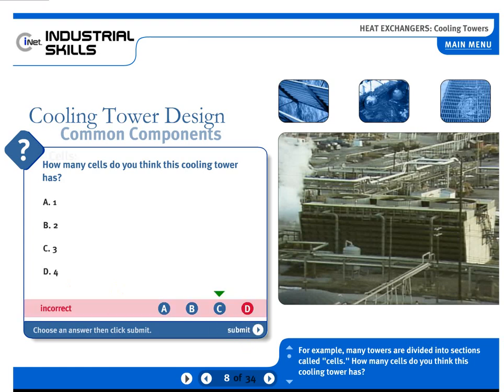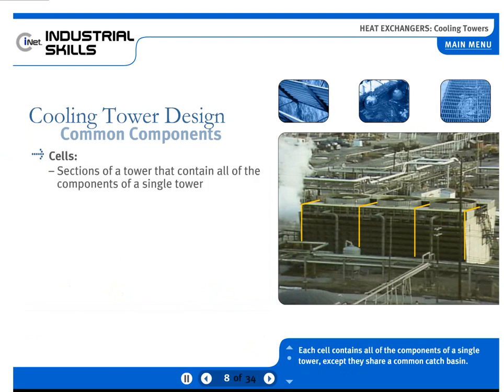That's not right. This tower has 3 cells. Each cell contains all of the components of a single tower, except they share a common catch basin.